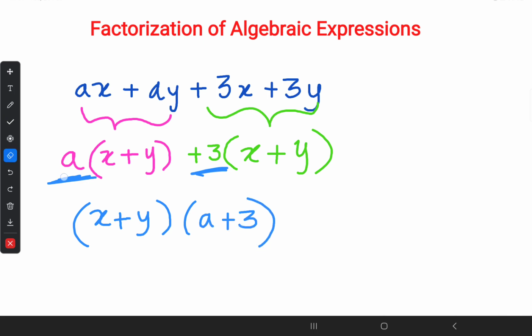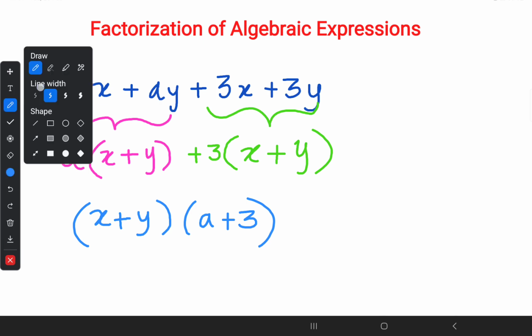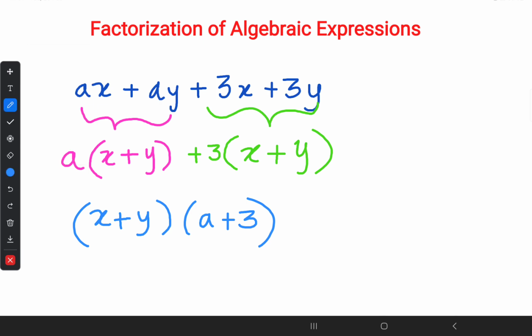This is the factorization you should follow when dealing with four terms. First, factorize these two and these two. Then it's easy. Both brackets have the same value, so write that value here. Outside the brackets we have two more values, so those are the two other factors, a plus 3. That's all for this question.